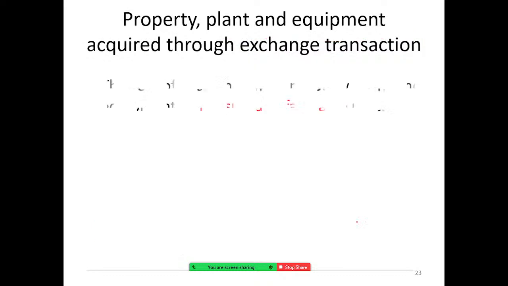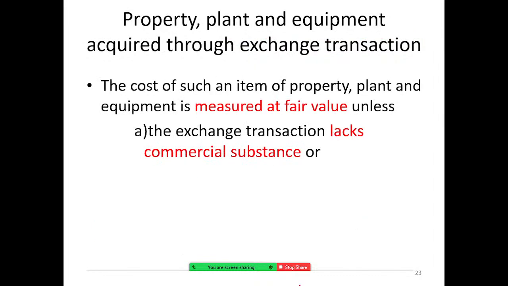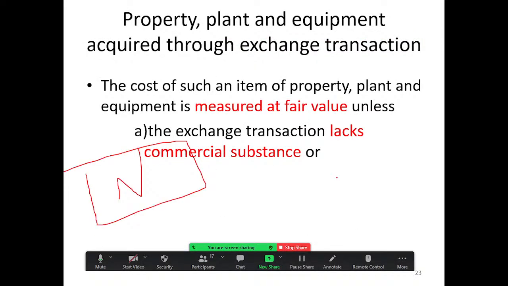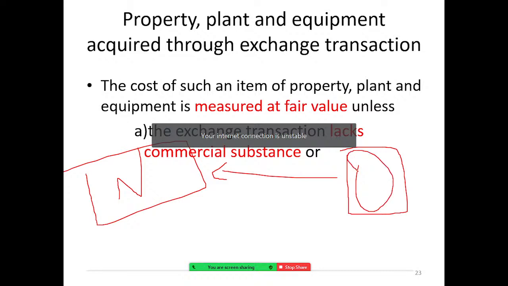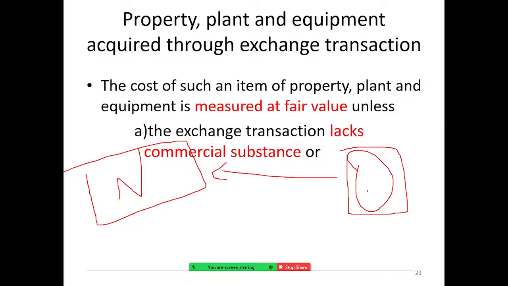So what they are doing is purchasing a new machine for an old machine, right? The old machine will go out and the new machine will come in. The cost of such an item of property is measured at fair value.